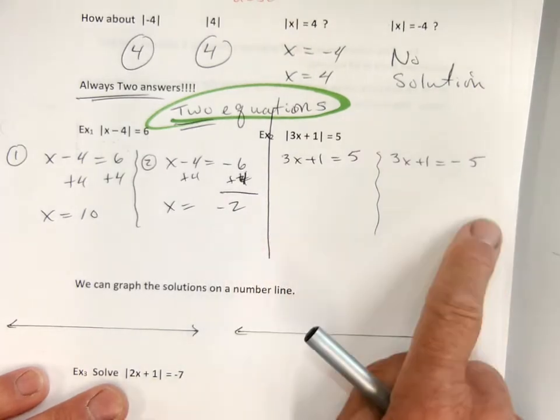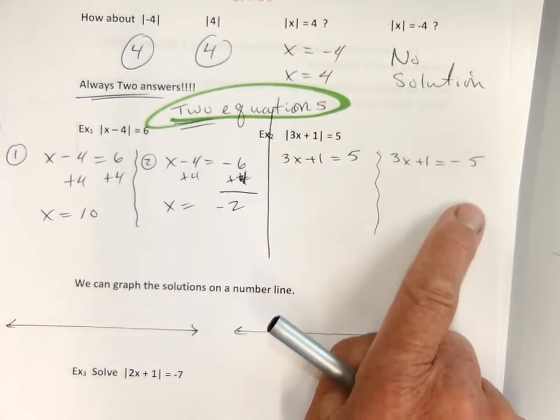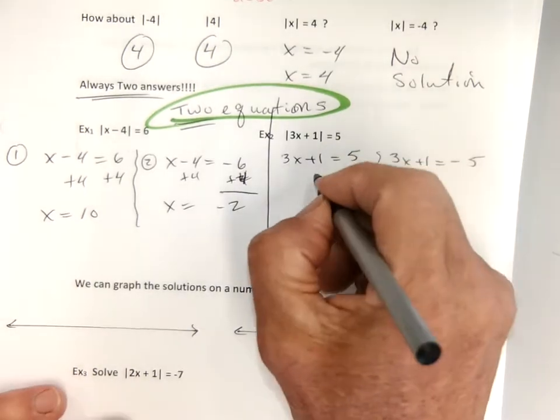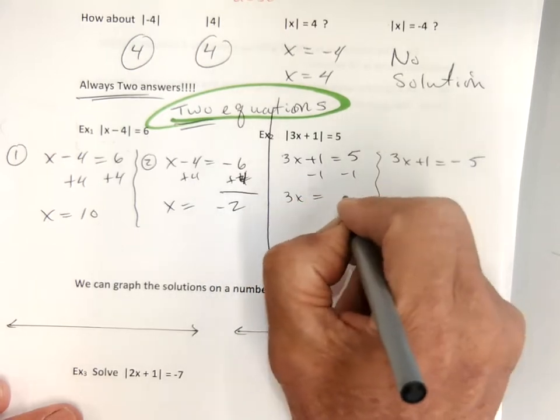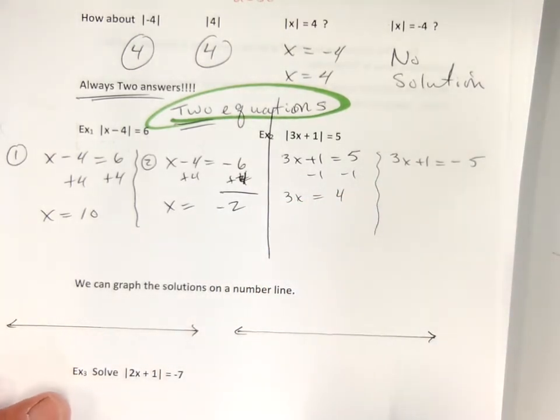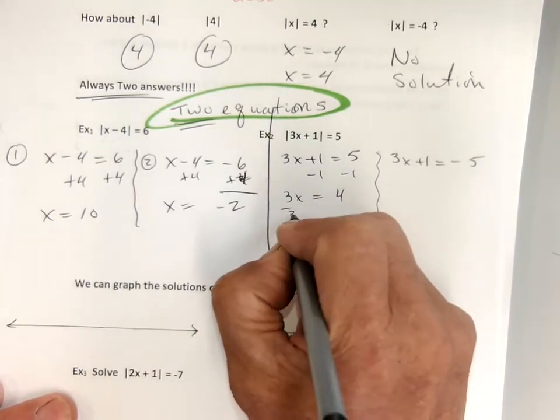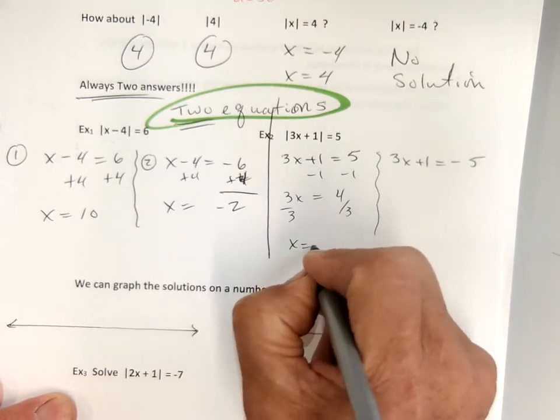I'm just going to solve both equations, one at a time, to get my 2 answers. So, all right, minus 1, 3x equals 4, divide by 3, x is equal to 4/3.